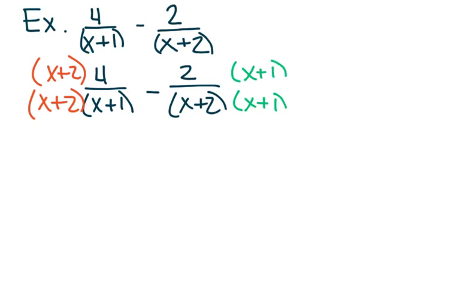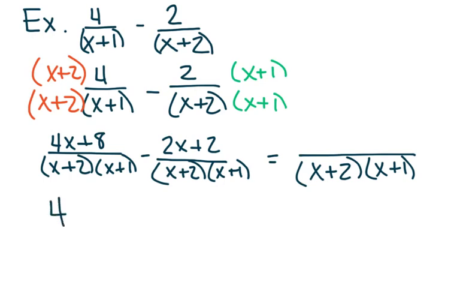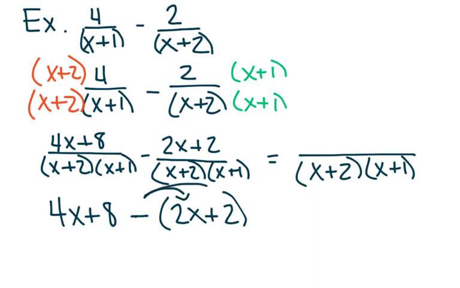Alright, I want you to go ahead and see if you can distribute that together. Alright, so this is what you should have. So remember the denominator, we're not going to do anything to. The top gets a little bit trickier. So what I want you to do is think of it like this. So we are subtracting this entire quantity 2x plus 2. So this is when we would actually distribute that negative sign.